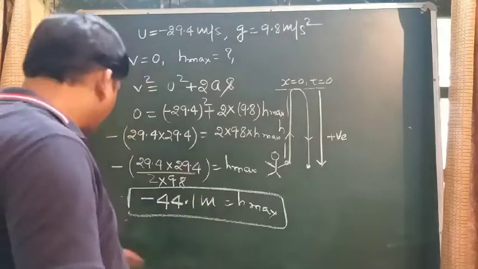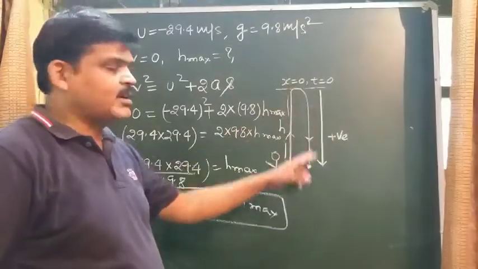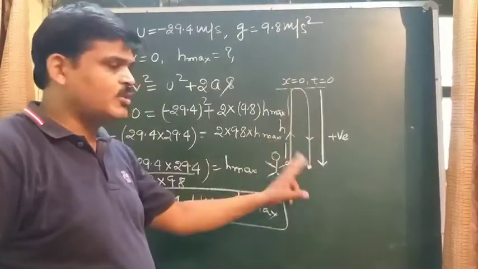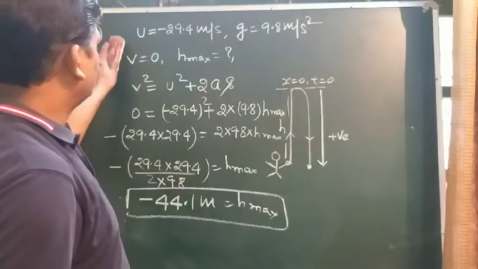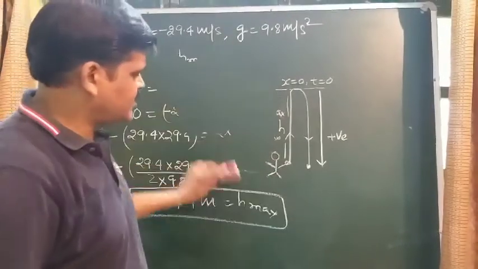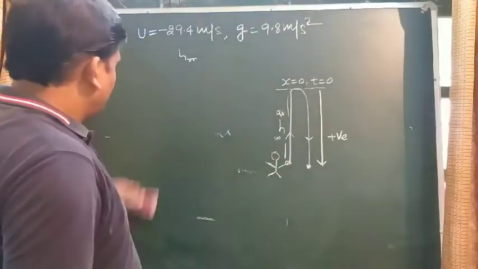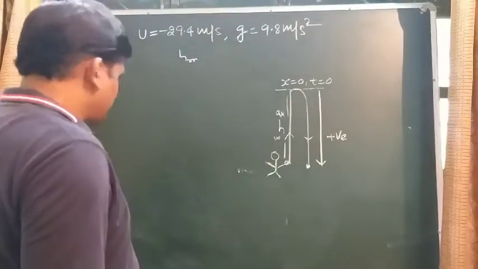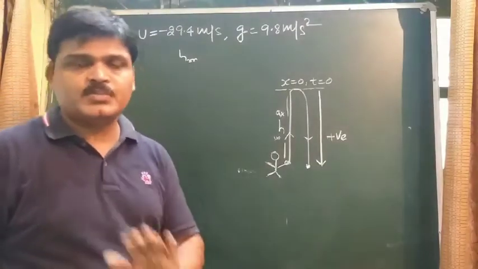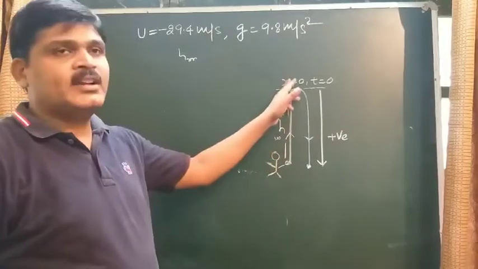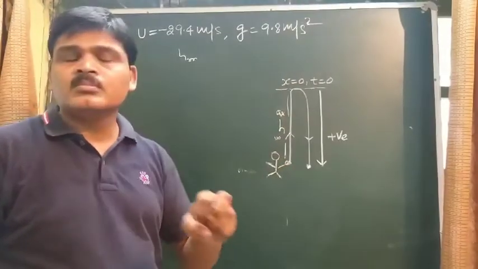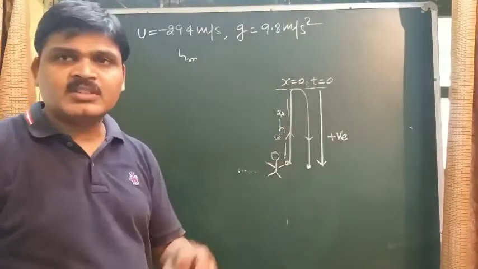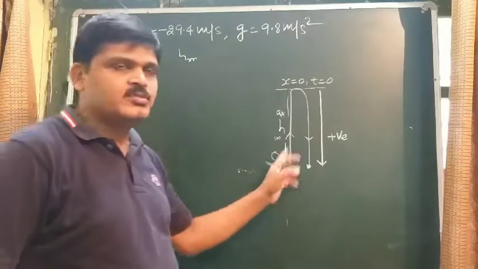And the last point: what is the time taken by the ball to return to the thrower's hand? Student, in this case, we already know that in case of displacement, when the final and initial points of a body coincide, then displacement of the object is what? 0.